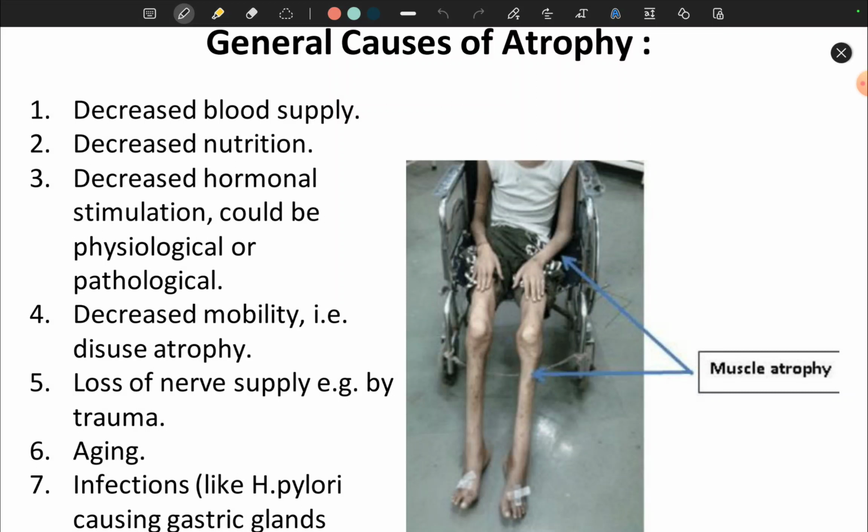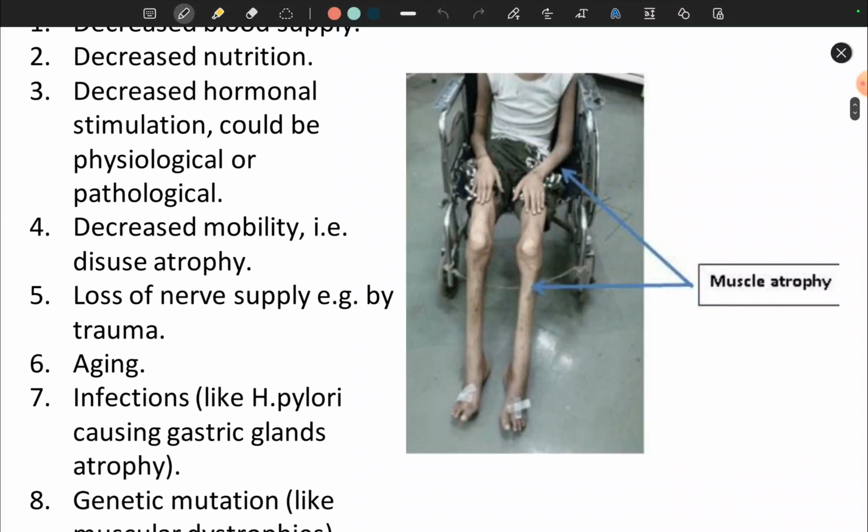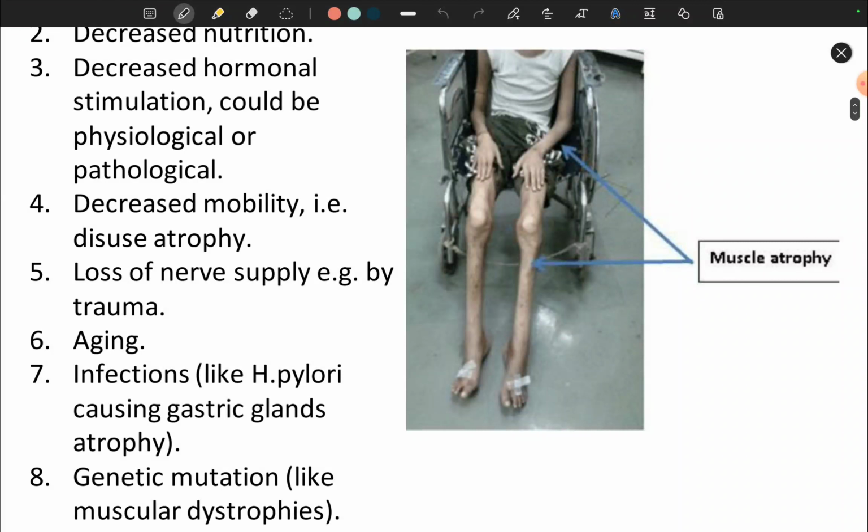We call it disuse atrophy. Also we have loss of the nerve supply by trauma, by cutting, by surgery, by anything. So when you have trauma or loss of the nerve supply, again, the organ will atrophy. Aging by itself is a physiological process in which there is atrophy of most tissues. Okay?